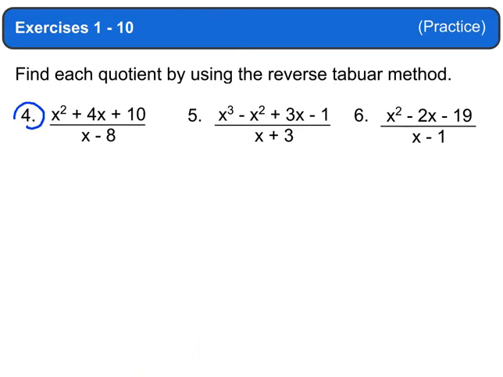So number 4, right, reverse tabular method. So I know that I'm going to have one more row than I do for my exponent at the bottom, which is a 1. So I'm going to have 2 rows, and then 2 minus 1 is 1, so we add 1. And that's going to give us 2 columns.